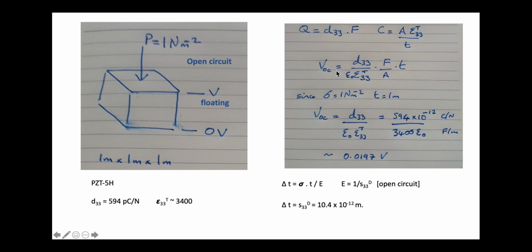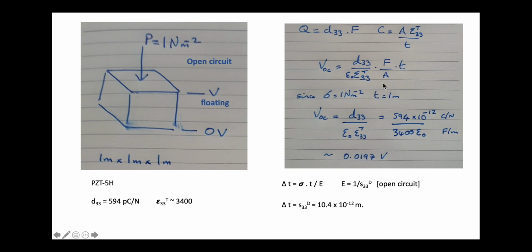And so my open circuit voltage, from Q is equal to CV, is basically the charge, which is D33 times F, divided by the capacitance. So it's 1 times 1 over C. So here I've got my permittivity, my stress, in a way, because it's F over A times T. So my stress is 1 Pascal.